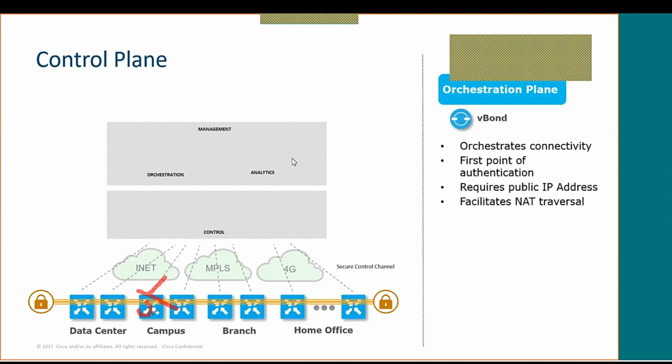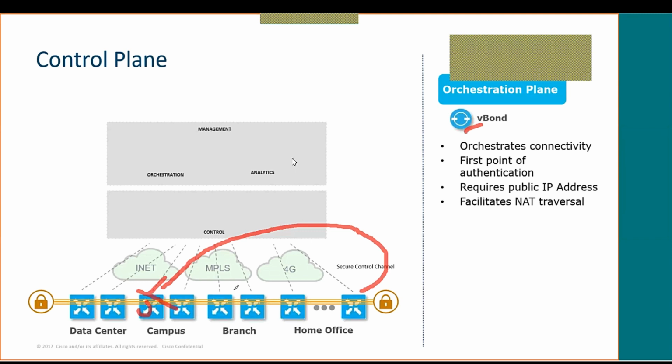Both the private and public IP addresses of these WAN edges can be collected by vBond, because while the VPN tunnel is being set up from one WAN edge to the destination WAN edge, it could be happening from public IP to public IP, or public IP to private IP. So public to public, private to private, or private to public, in whichever manner the IPsec VPN tunnel is going to be established.